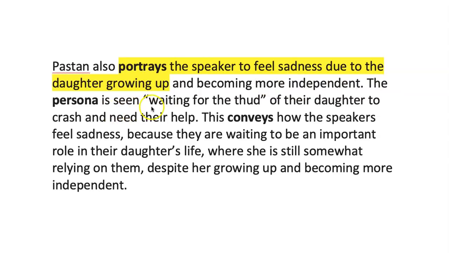"The persona is seen waiting for the thud," integrated quotation there, "of their daughter to crash and need their help. This conveys how the speakers feel sadness." There's subject terminology that you will use in every literature essay. "Because they are waiting to be an important role in their daughter's life, where she is still somewhat relying on them, despite her growing up and becoming more independent."